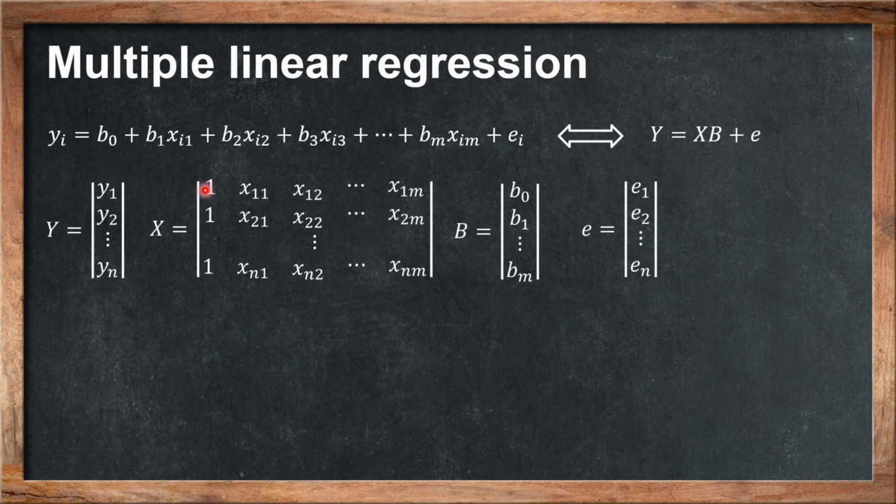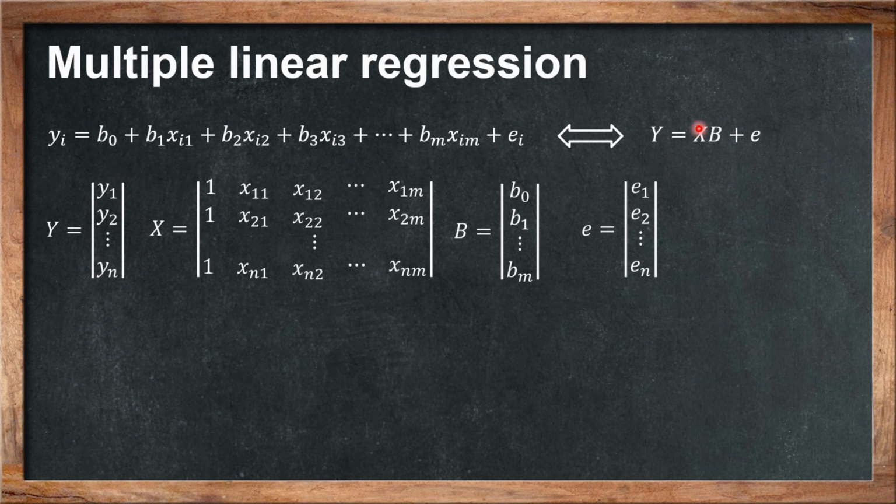That would imply b naught plus x11 times b1 plus x12 times b2 and so on till x1m times bm, plus e sub 1. So that is how y sub 1 would be modeled in this case. And then it goes on the same for y sub 2 and so on till y sub n.